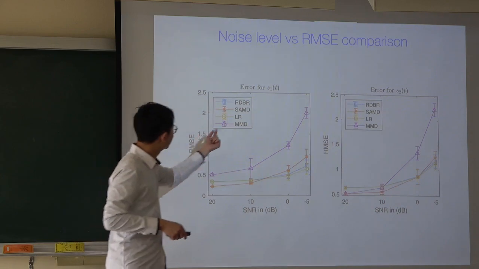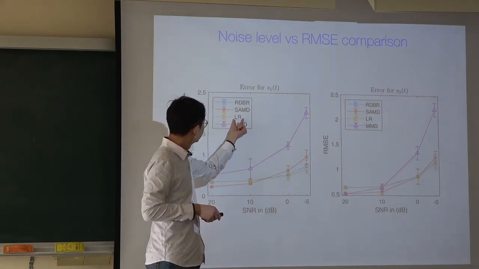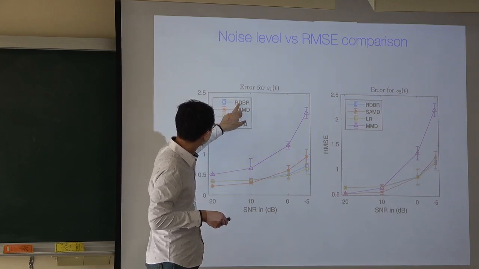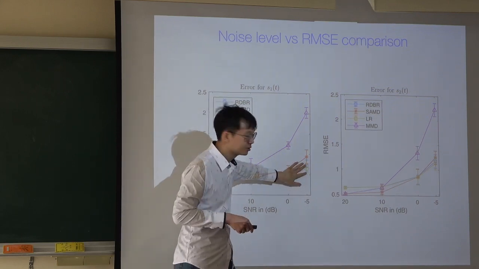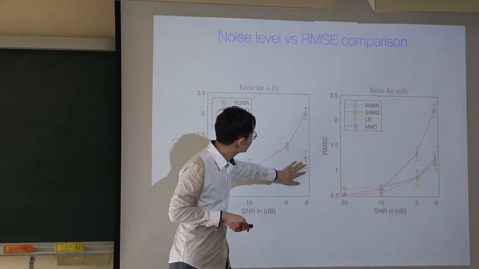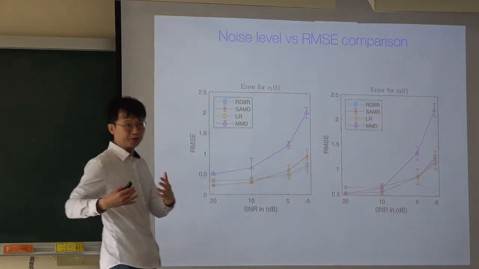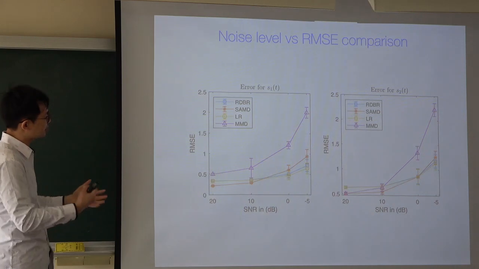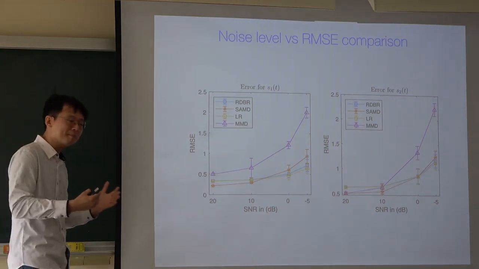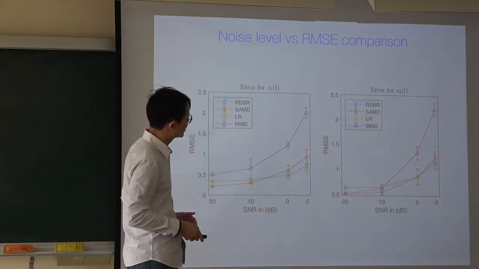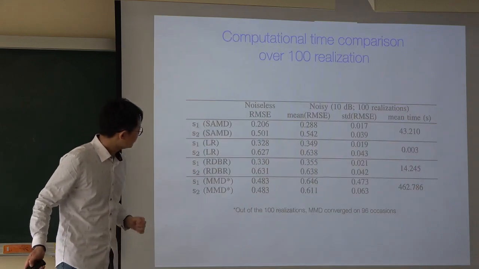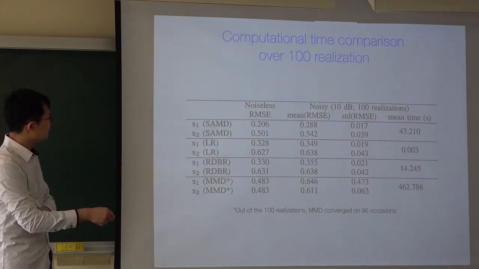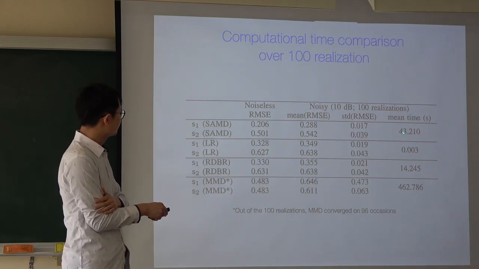And when noise is big, LR, linear regression, and RDBR seem to perform relatively well because they assume a fixed wave shape function, and the details of this fixed wave shape function are masked by big noise. That's one reason.